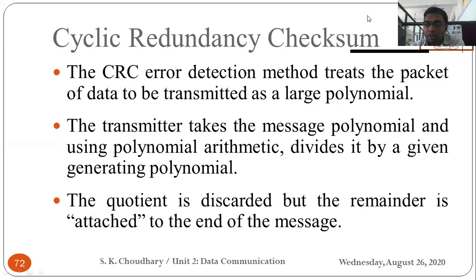Whatever quotient comes after division is discarded, but the remainder is appended to the end of the message. And when you add this remainder to the end of the message, it becomes a code word.